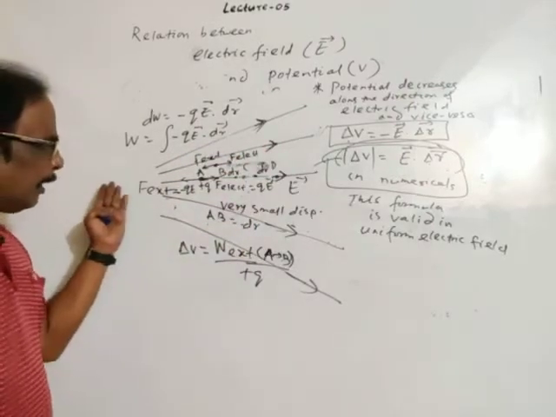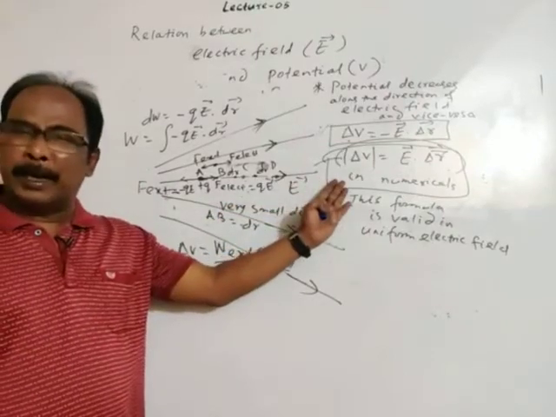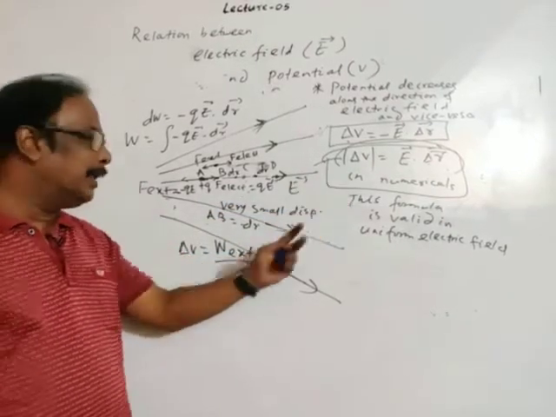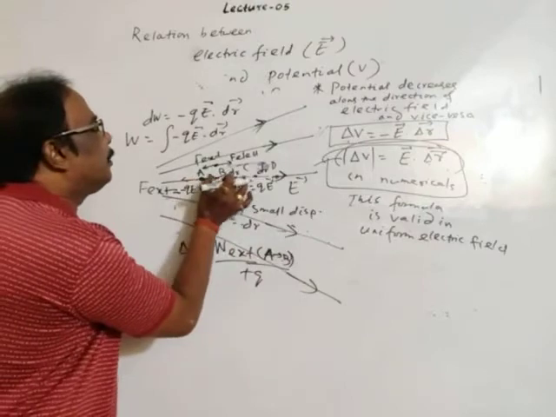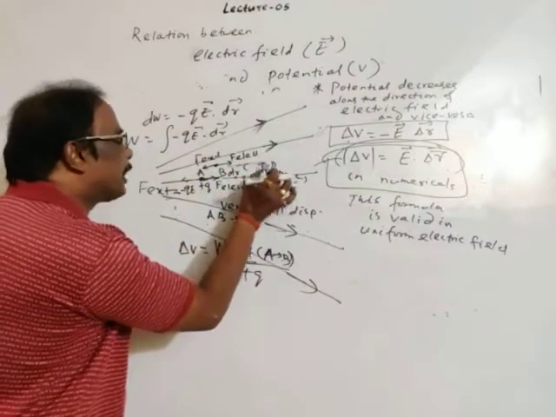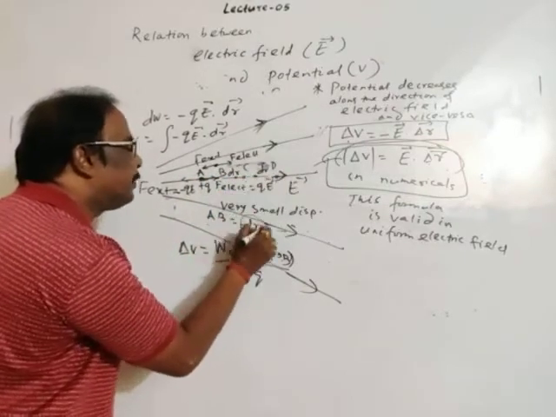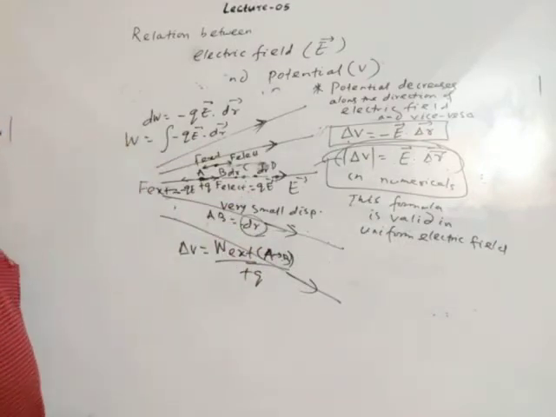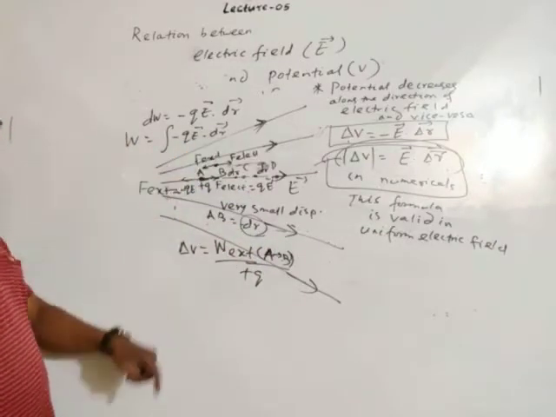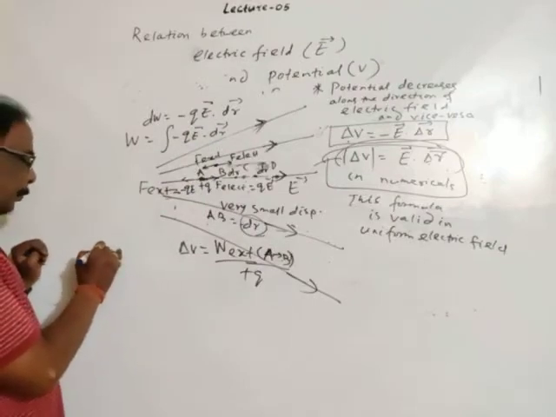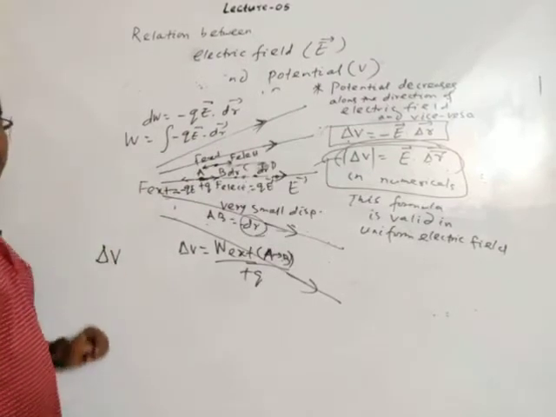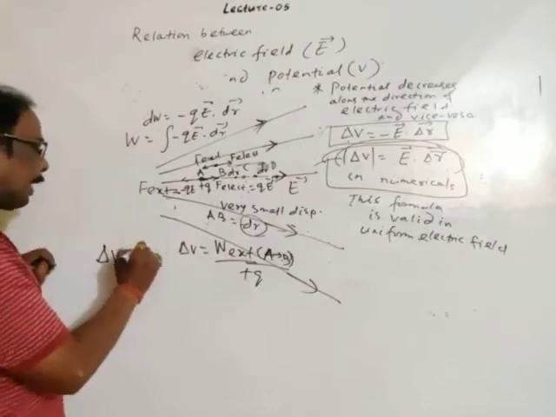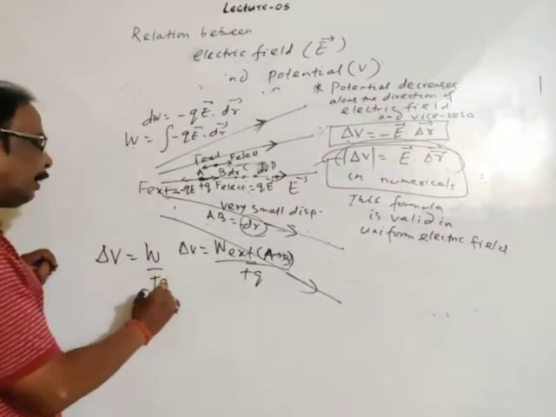So the whole distance along the direction of electric field in a non-uniform electric field may be divided into a number of small segments, each of displacement dr. So total work is the integral of QE dot dr. Then total potential difference dV is equal to total work per unit charge.